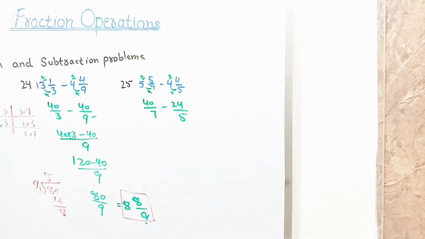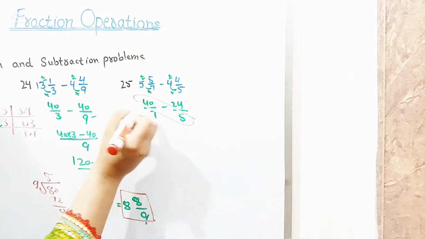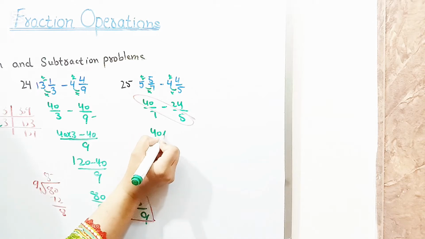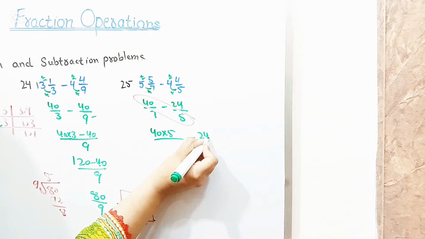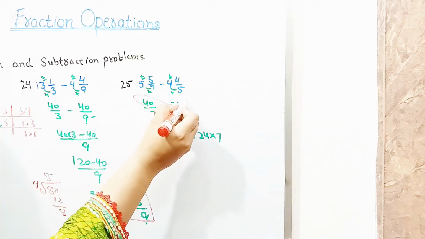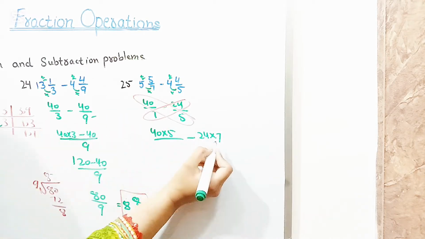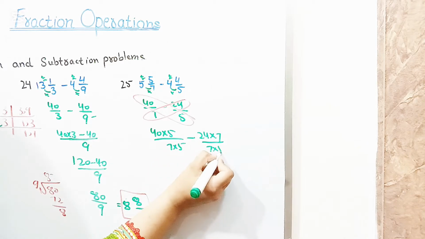Here we take the butterfly method. 40 multiplied by 5 minus 24 multiplied by 7. 7 multiplied by 5.